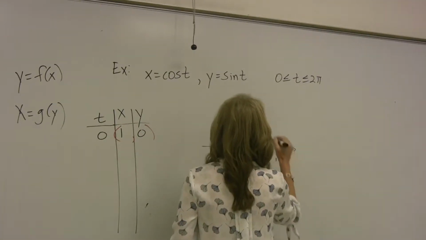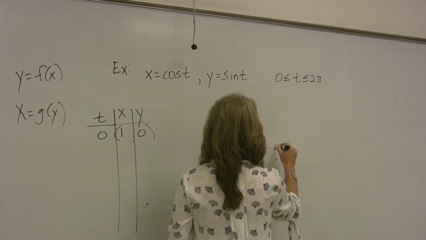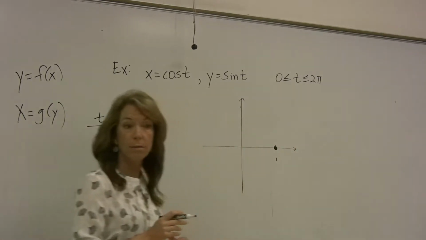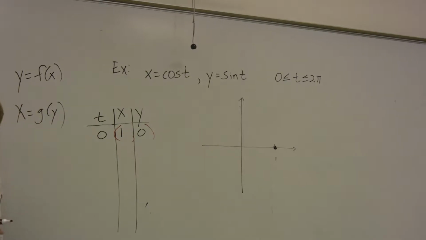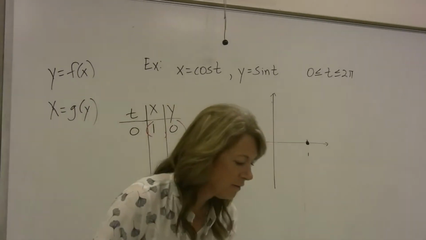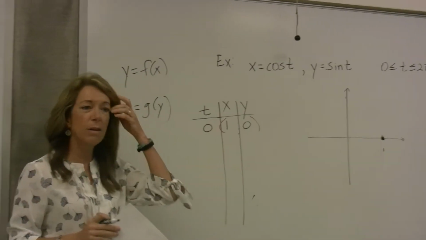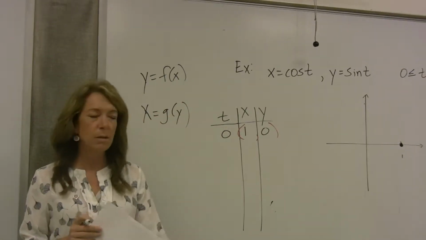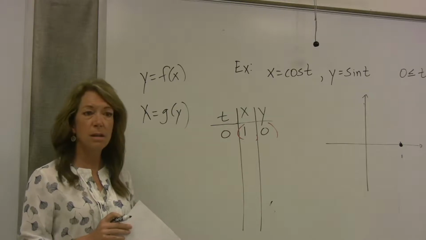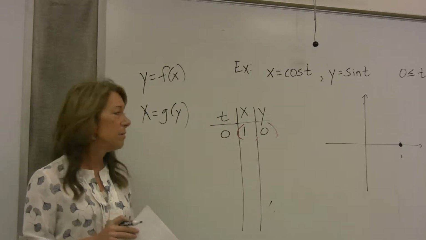I'll put 1 right here. At time 0, I'm starting right here at this point, 1, 0. Now I'm going to pick values of t that are nicer to plug in than 1, 2, 3, and so forth, because if you ask me the cosine of 2, I don't really know what that is. So I'm going to pick some radians.